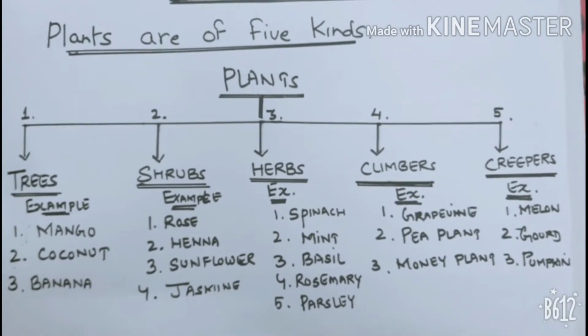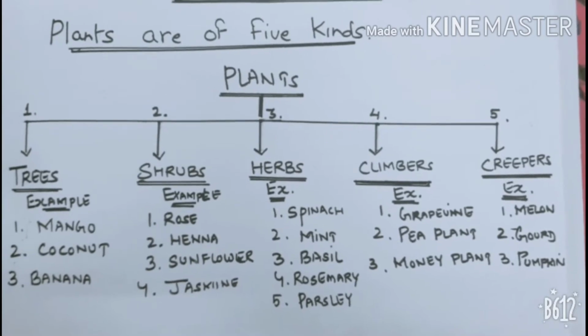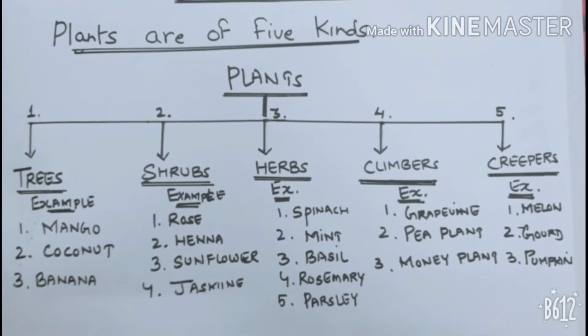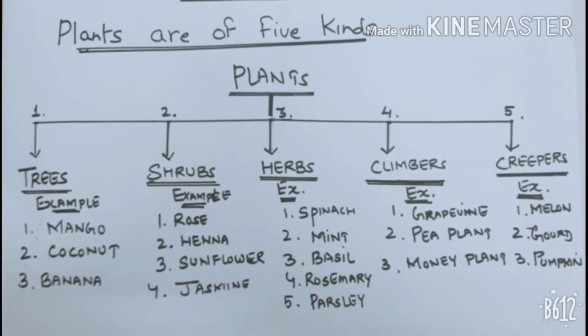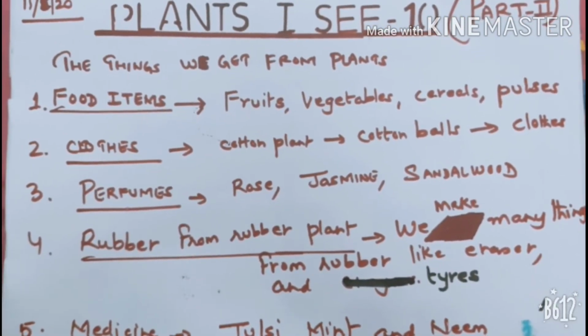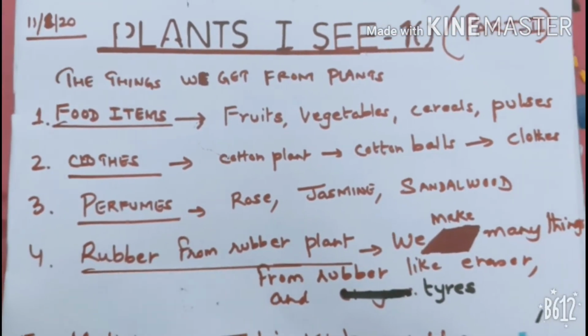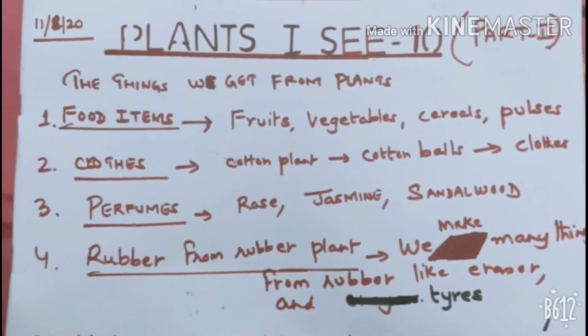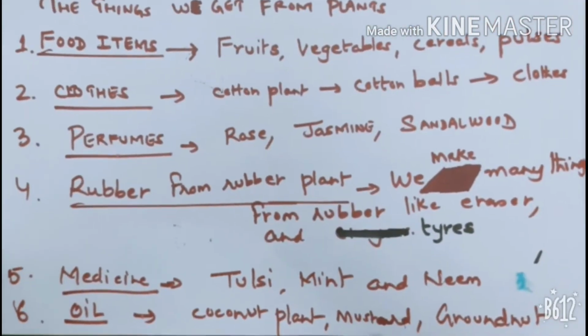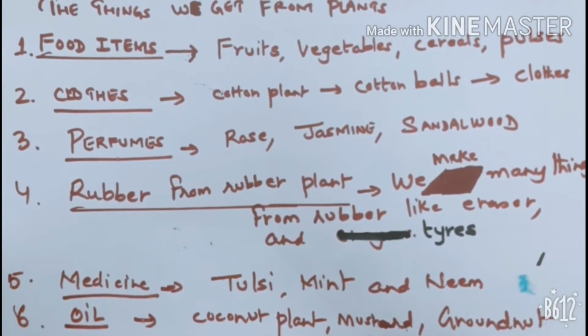Now children, come to the other part of the chapter, that is, what do we get from plants. Number 1, food items. We get food items from plants, like fruits, vegetables, cereals, pulses.